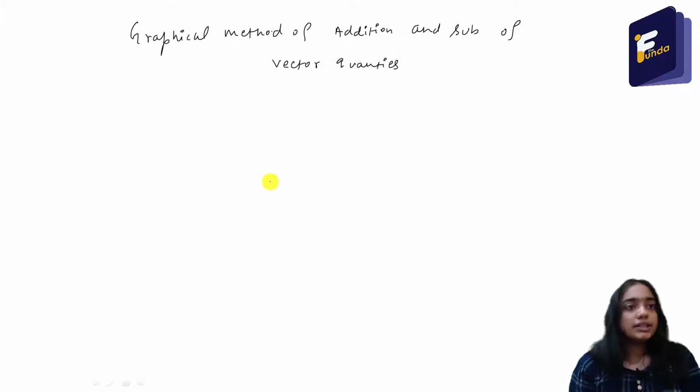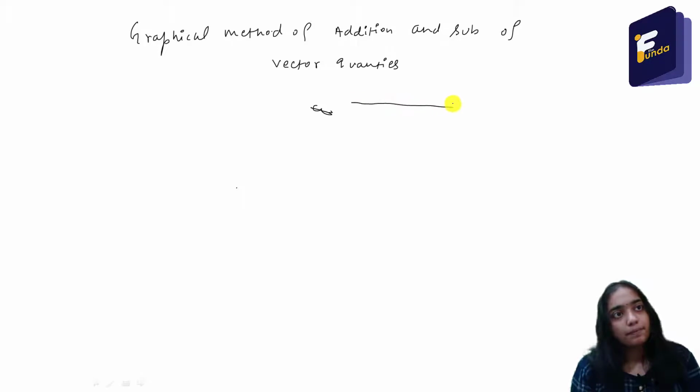Say there is a vector quantity A like this, and there is another vector quantity B like this.